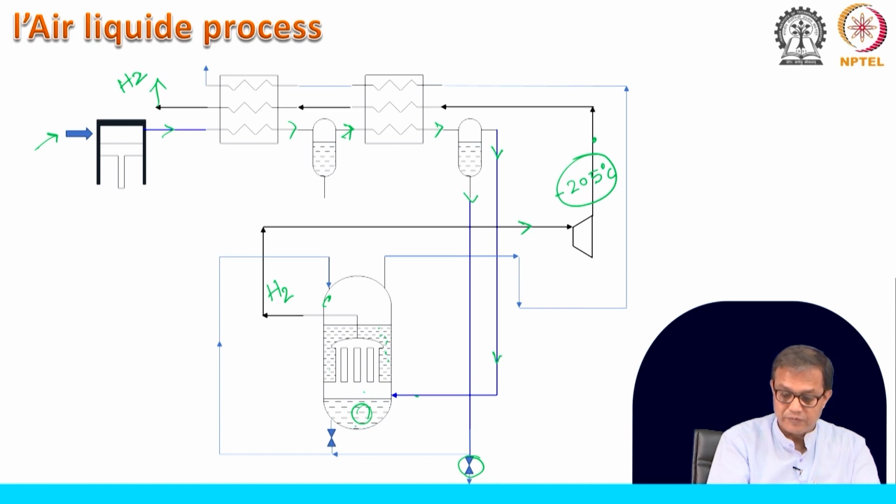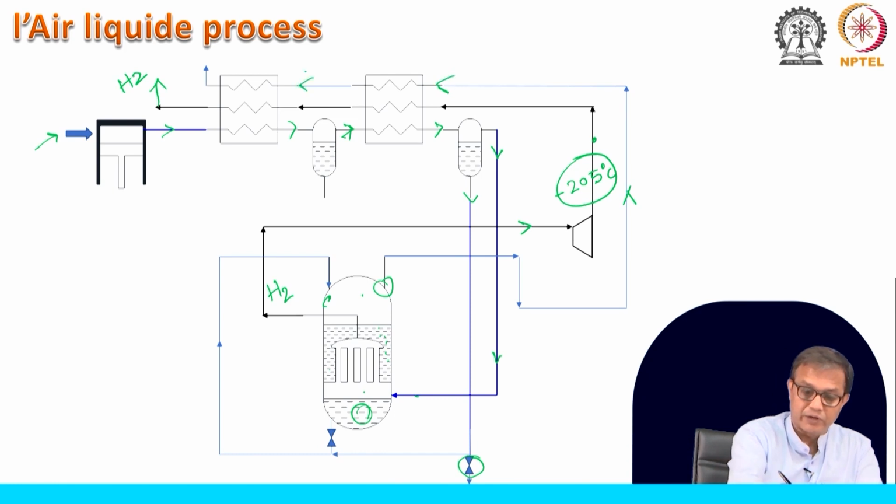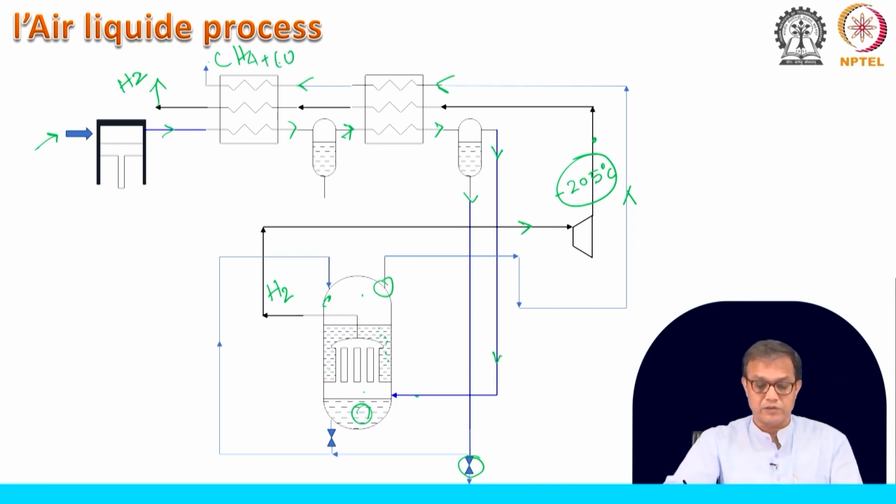So, a part of this methane, I am sorry, this evaporated part will be taken back, and that will again be at low temperature. So, that has to go back, but before that we will take out its cooling. So, this is CH4 plus CO and that will come out of the system.